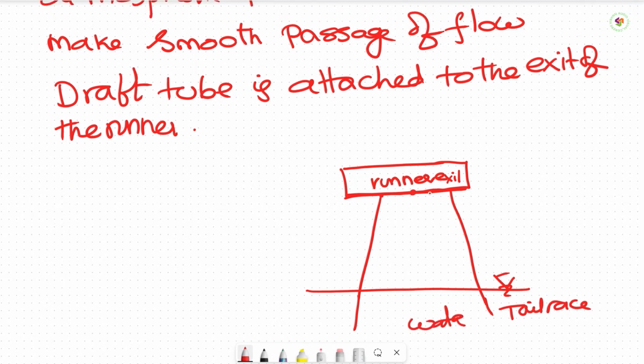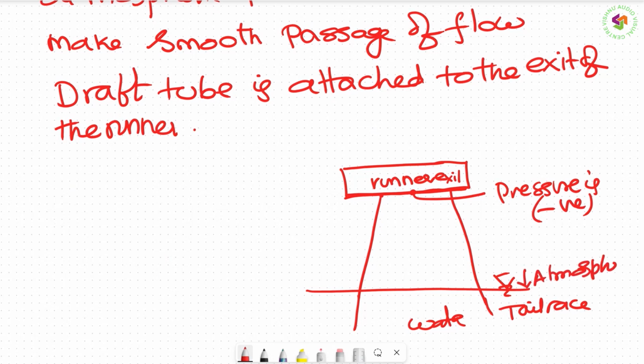Here the pressure is negative. Outside is atmosphere. Here the pressure is atmosphere. So this can be attained by this conical tube, and this conical tube we call a draft tube.